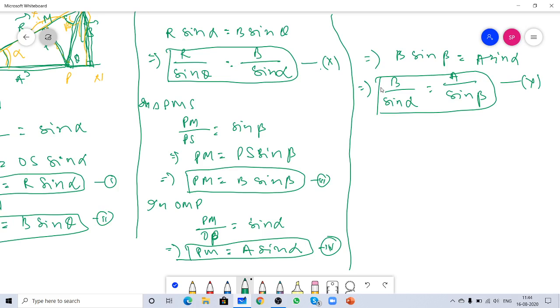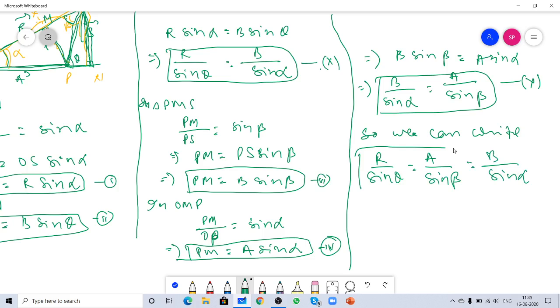So combining the X and Y relationships, we can write that R by sine theta is equal to A by sine beta is equal to B by sine alpha. This is called the law of sines.